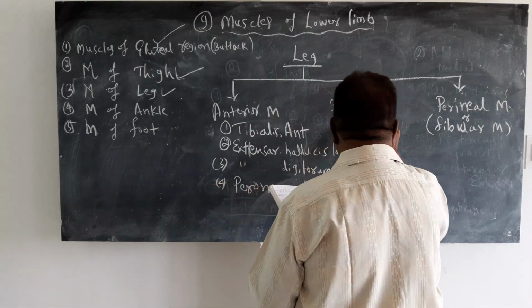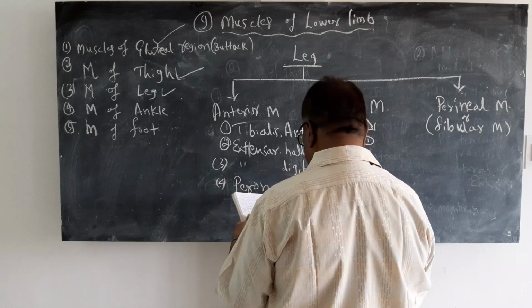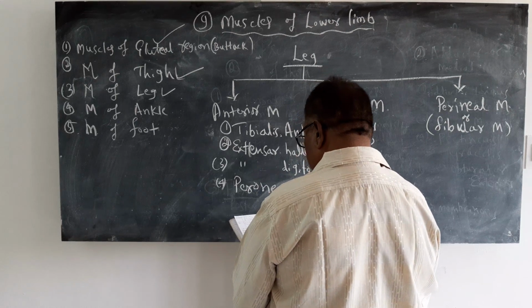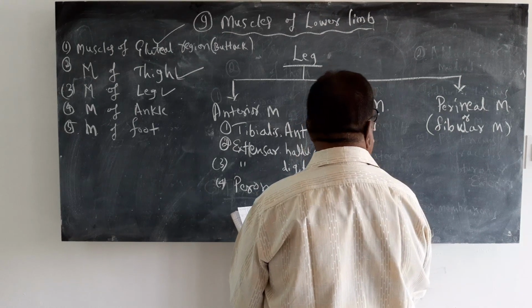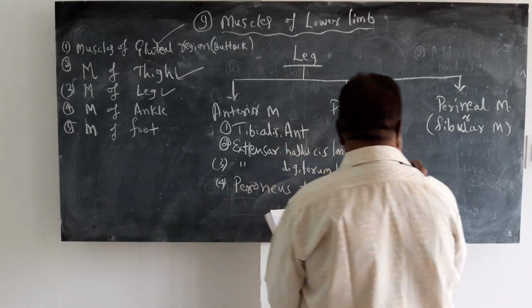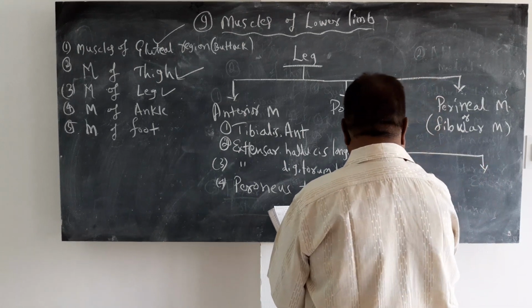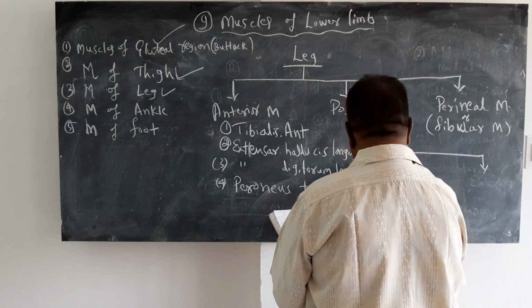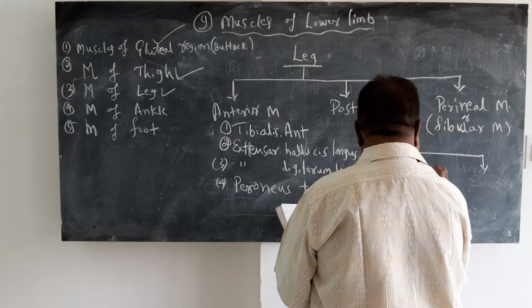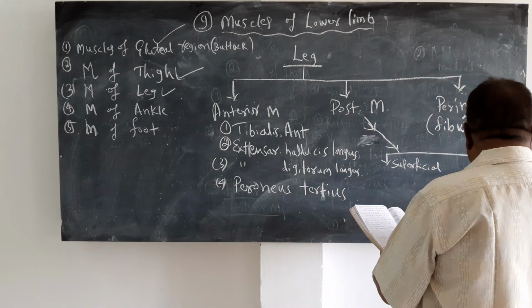Coming to the posterior, they are divided again into 2. They are superficial and deep muscles.